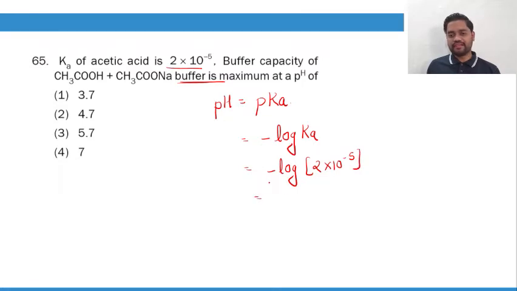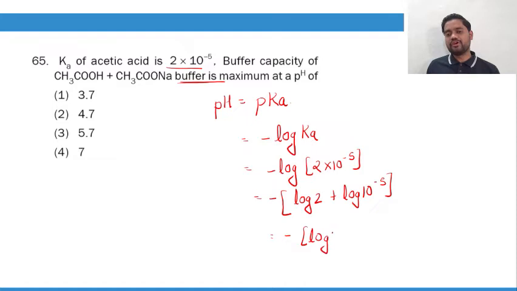If you solve this, keeping the negative outside, it is log of 2 plus log of 10 raised to minus 5. This is log of A raised to B, so the minus 5 will come into multiplication.